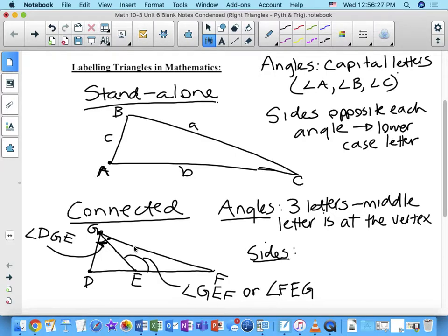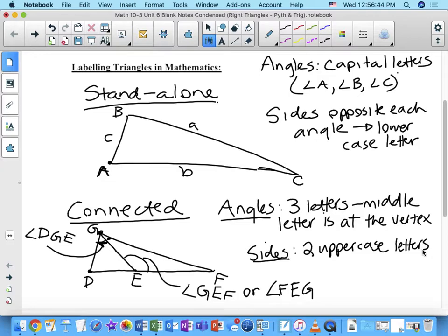So instead of using lowercase letters, we have to use the 2 uppercase letters that connect the 2 sides together. Okay, so we need to use 2 uppercase or capital letters.